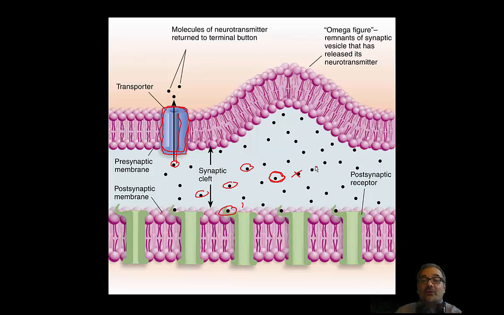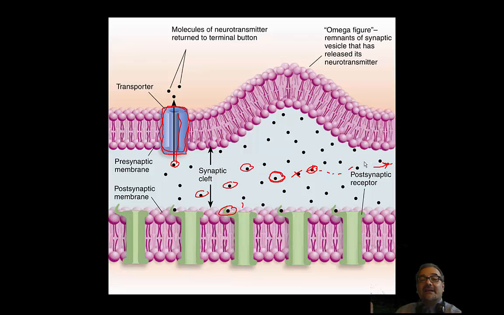So let's say this is acetylcholine. Sometimes acetylcholine is taken up and sometimes it's deactivated by an enzyme called acetylcholinesterase. And as you remember, anything that ends with an -ase means it's an enzyme that breaks down. In this case, it breaks down acetylcholine into the acetate group plus the choline group. It diffuses into the CSF, and it's flushed away with the CSF into the body and gotten rid of.